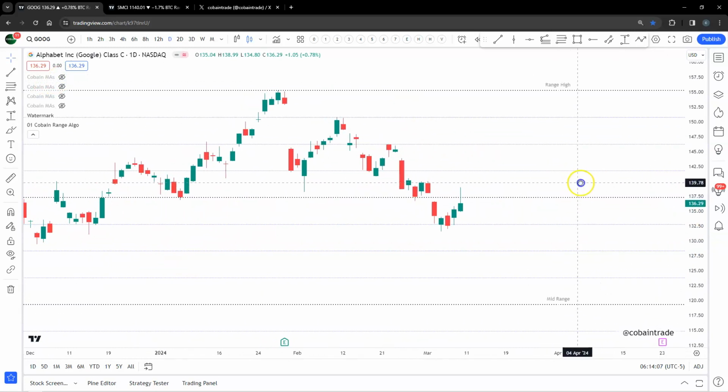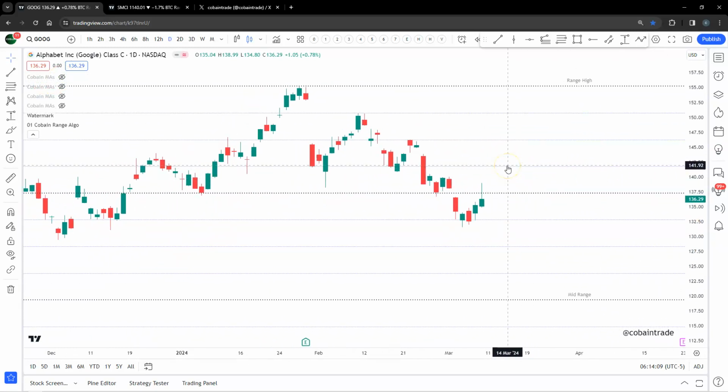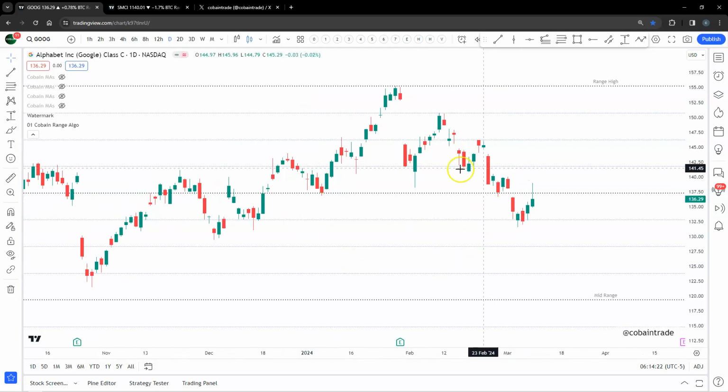So what's the trade setup? Because we've hit this as support, we've tested this, closed this gap, we're looking for price to reach up into this kind of 141 area to test the underside of this breakdown support.